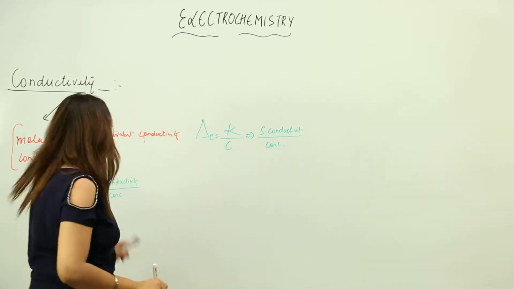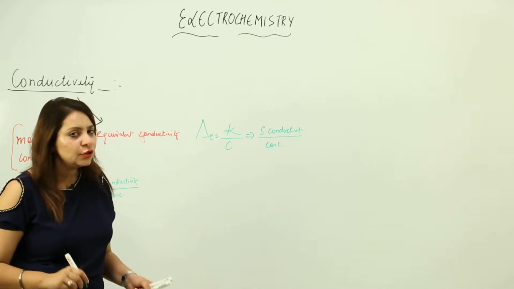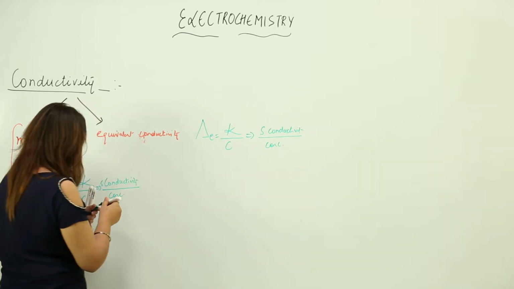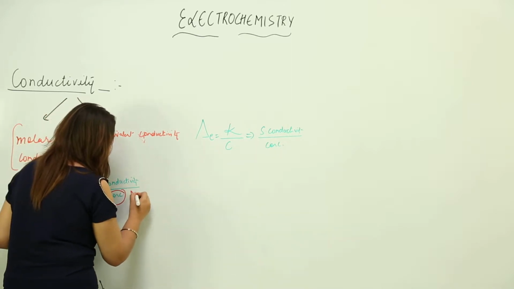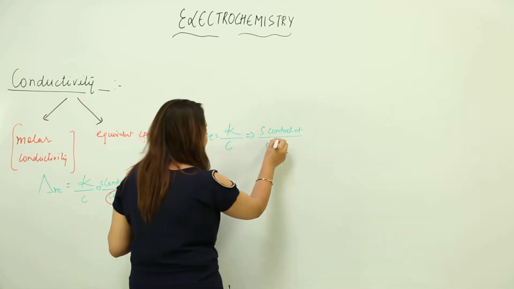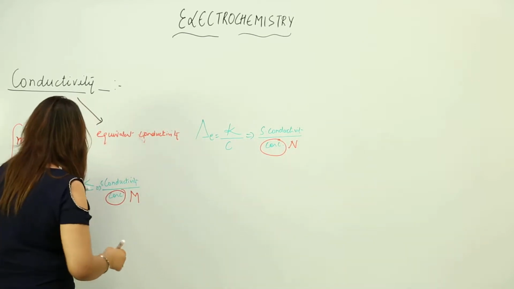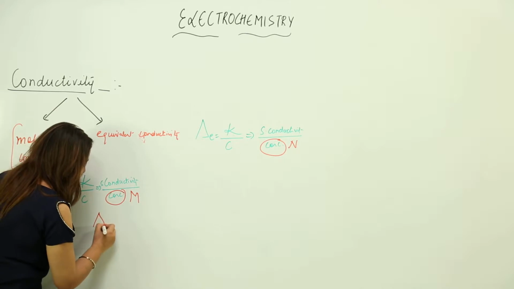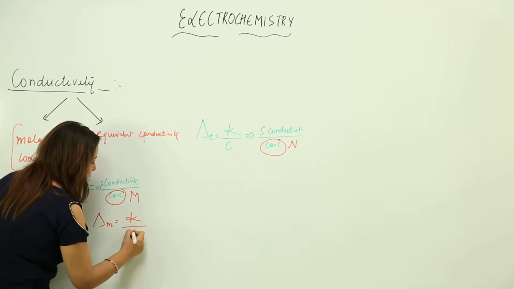You must be thinking that both the terms appear to be the same, as I wrote the formula, but actually they are not the same. The difference is that in this case the concentration is expressed in molarity and here the concentration is expressed in normality. So this equation becomes lambda m equal to kappa upon molarity.